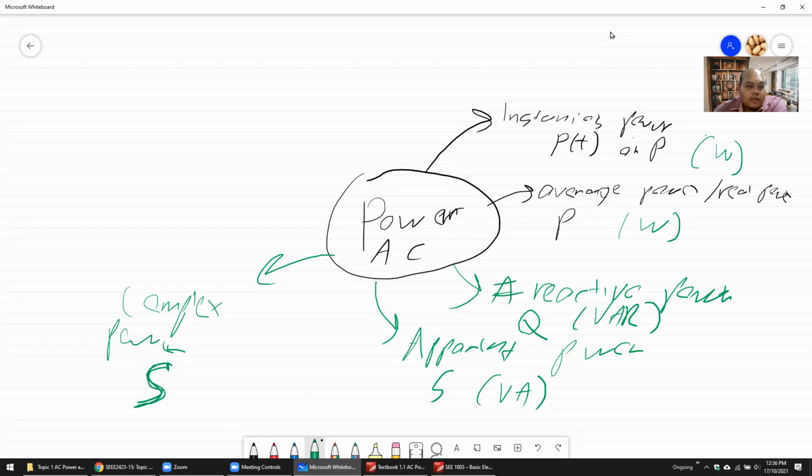Complex power we also call S, but usually we bold it. The difference is that P and Q are amplitudes, but bold S is a complex number.